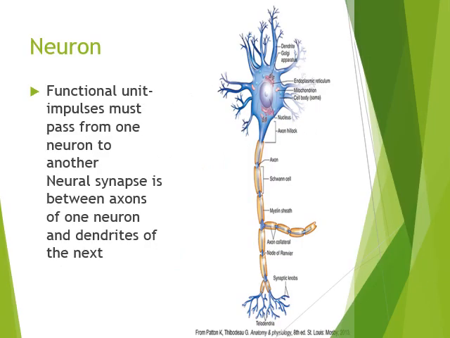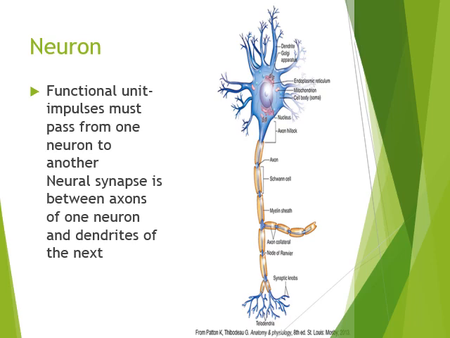Okay. Now I put the neuron in here twice because it's important. The neuron is the functional unit. It's important that you remember that. The impulses must pass from one neuron to another. And imagine we have millions of neurons in our body that are constantly sending messages to our brain, and then back to our spinal cord.